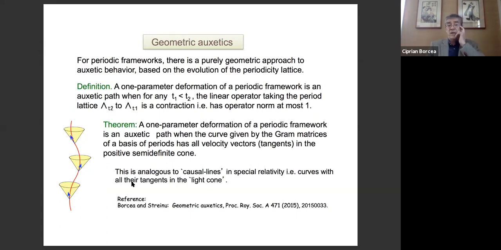And this analogy is quite good. In dimension 2, it's literal.